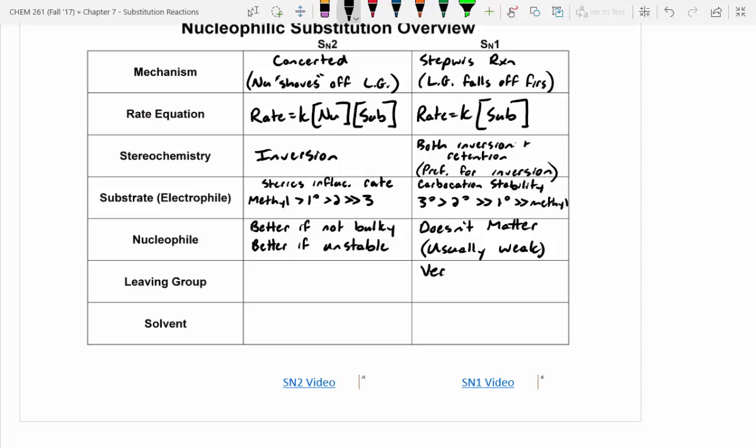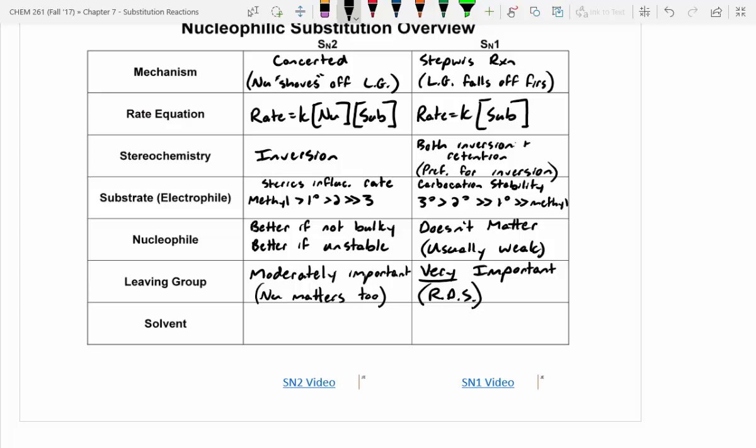So we're at very important. And all right, rate determining step. Okay, so RDS is rate determining step. For SN2, it's moderately important. And that's because the nucleophile matters too.